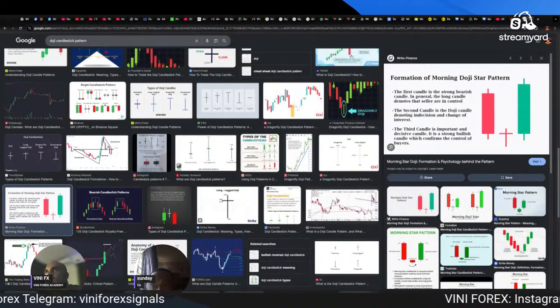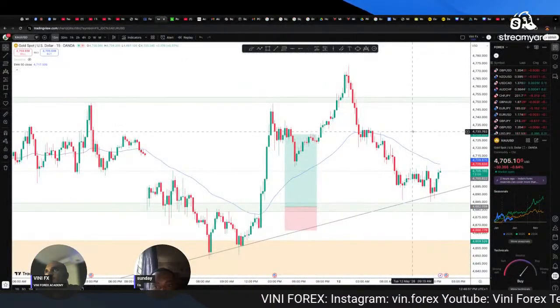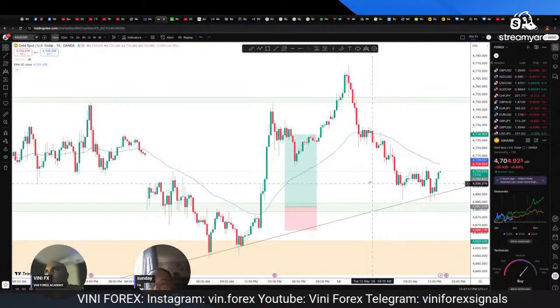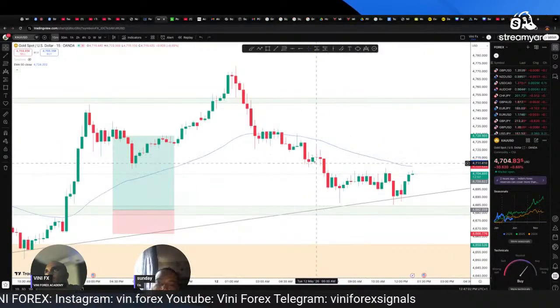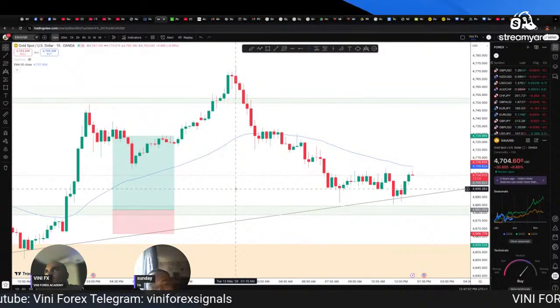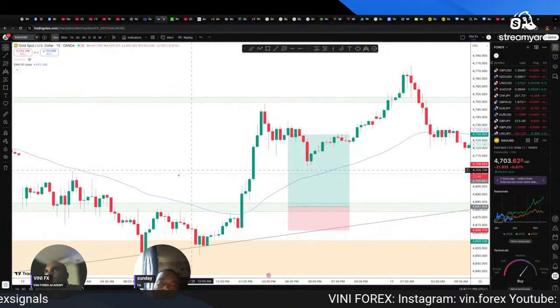So let's go and see if you can identify them on the chart. Do you see any doji here? Yes, sir. This is a what? A doji candle. You see that? Perfect.